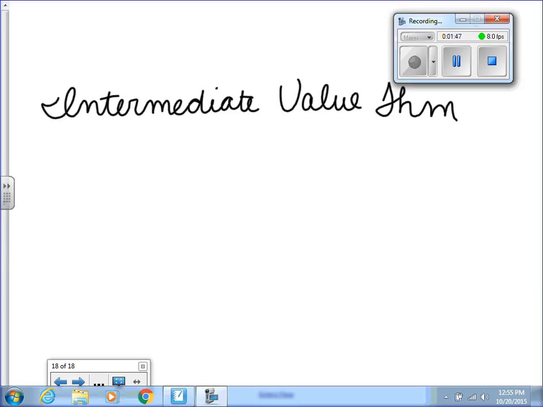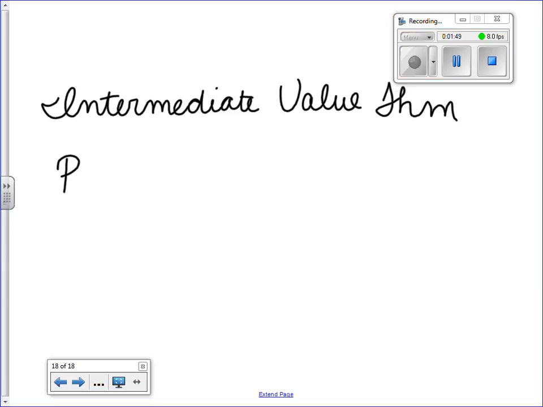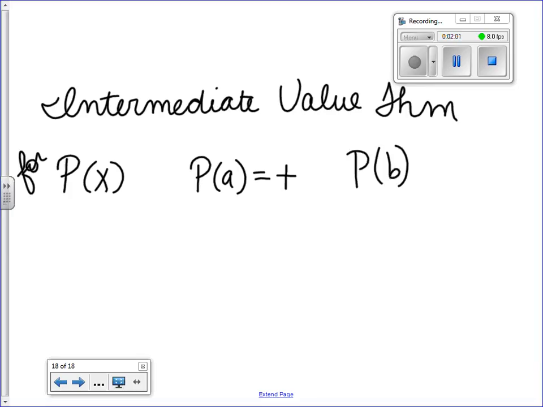Okay? For example, if you've got p of x, let's say p of a equals a positive number, and p of b equals a negative number, then there's a zero between a and b.